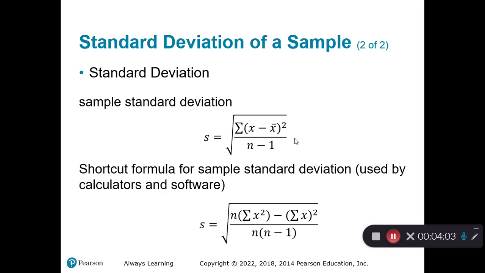We're going to break down that formula so we understand where those values are coming from in just a bit. The second formula is what calculators and computer programs are programmed with. So it's what we call the shortcut formula, but it's not a shortcut when we're making manual calculations, it's a shortcut for programming.